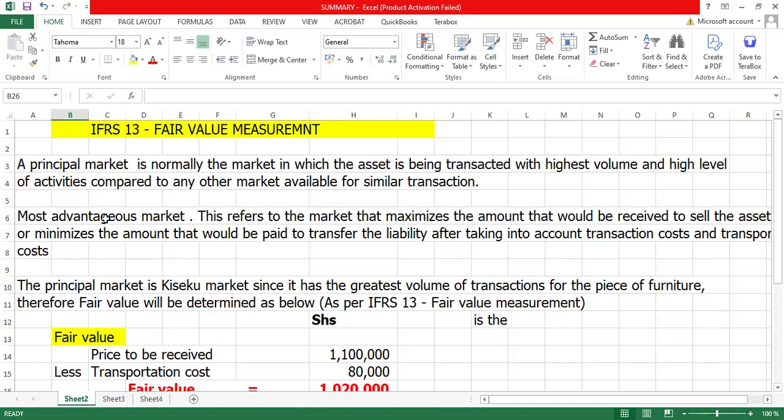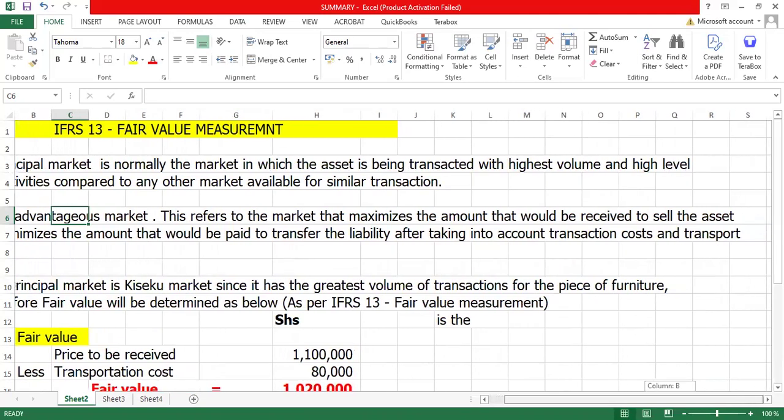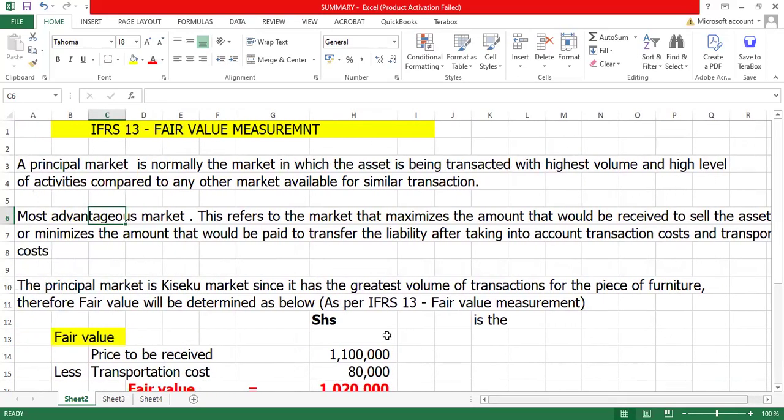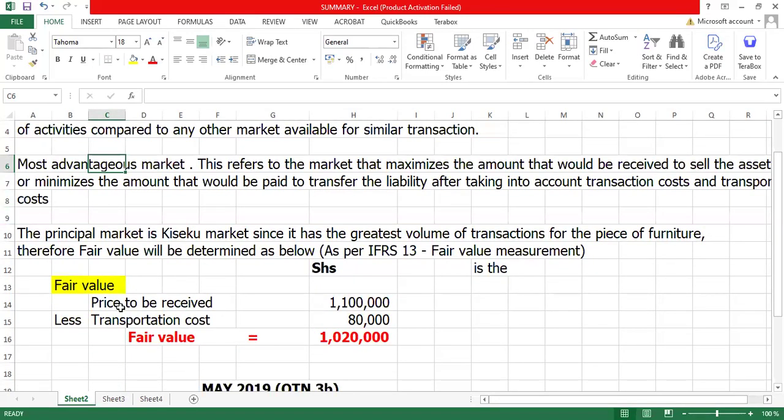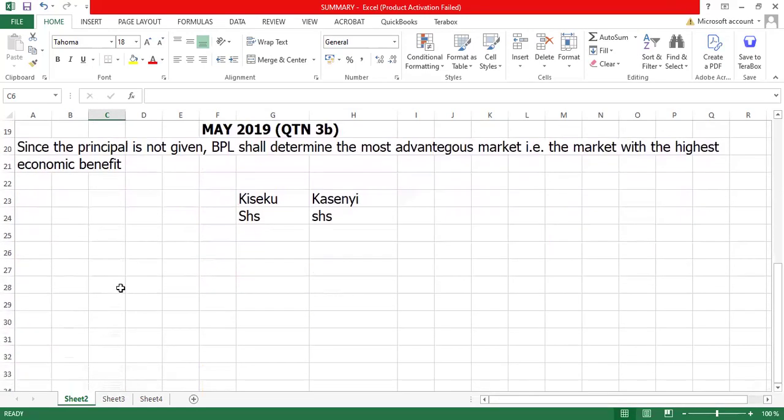When you're looking for the most advantageous market, you take into consideration the transaction costs and the transport costs, because at this point you don't know the right market. So you also have to incur the transaction costs to look for the market where you can benefit more.